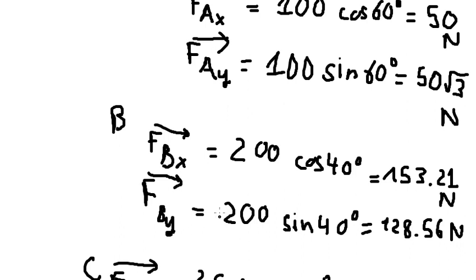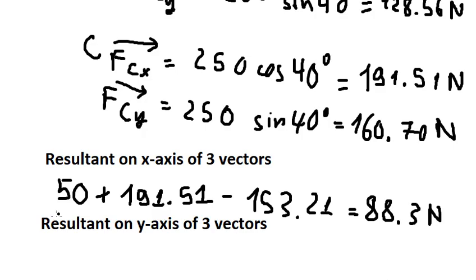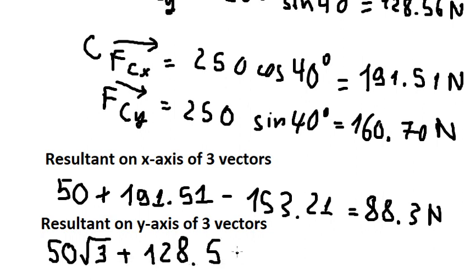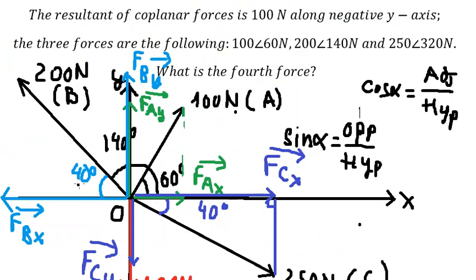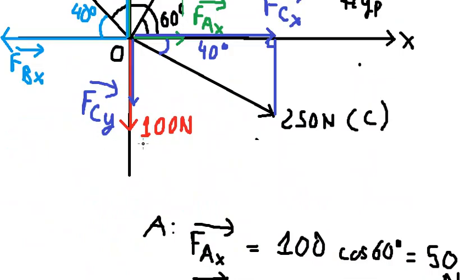FBY and FAY we sum together. So we have 50 with the square root of 3 plus 128.56 minus 160.70. So this one you got 54.46 newtons.